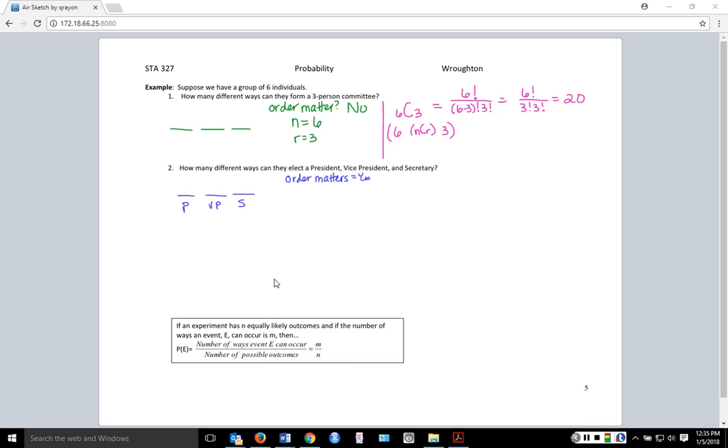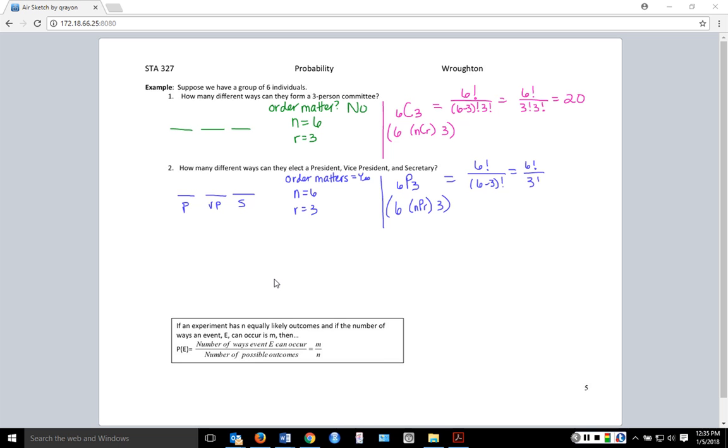So which spot I am is different for me. I still have 6 people I'm choosing from, and I still need 3 of them. So doing our actual math over here, this is going to be a 6 permute 3, which just like with your calculator, you hit the 6 first, then the permutation button, and then the 3, which is n factorial over n minus r factorial.